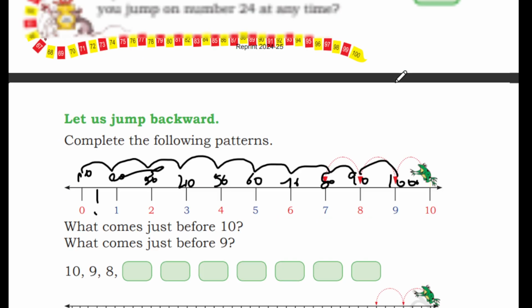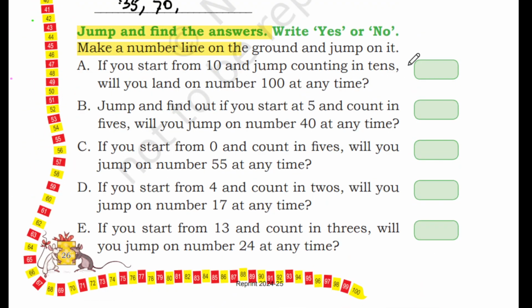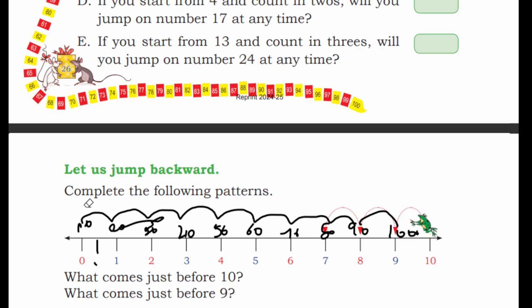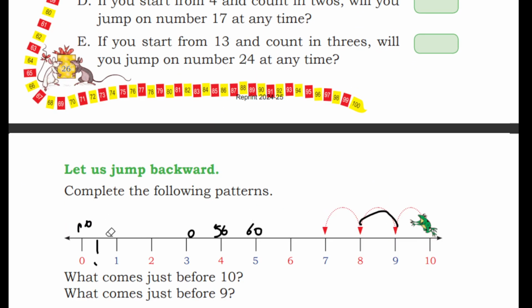So if you jump, will you reach 100? Yes, we will reach 100, correct. So this is a yes question. So the answer is yes, we will reach the number 100. So the next question, we will erase this out. So it will be easy for us for the next sum.